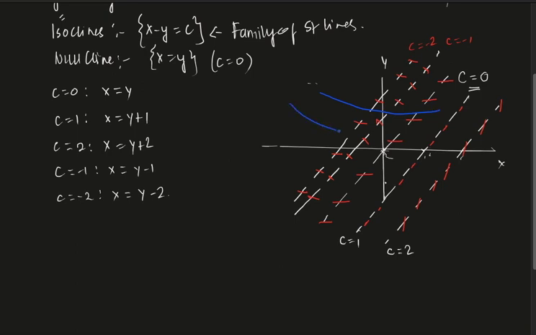Coming like this, here it is c equals minus 1, and when it reaches here it becomes 0, and it goes like this. Similarly here also. And here also you can see the same kind of thing will happen.